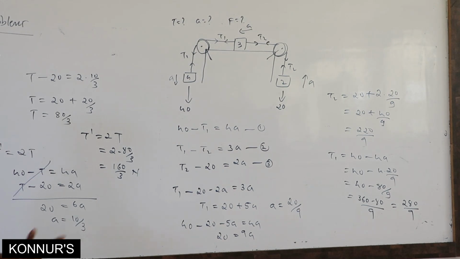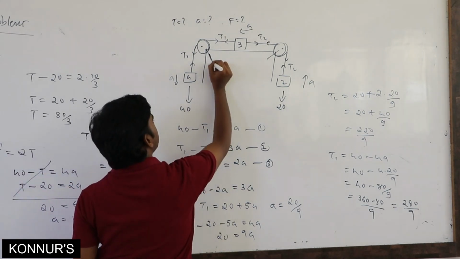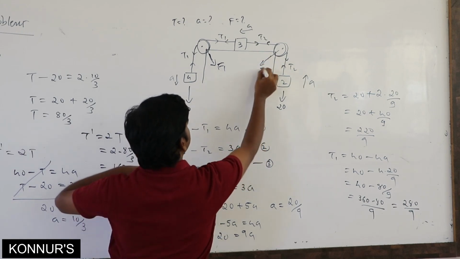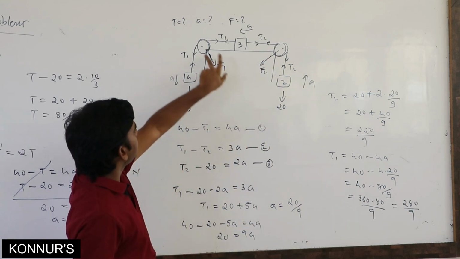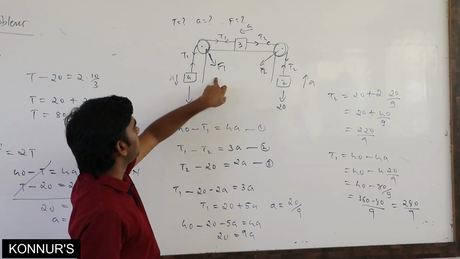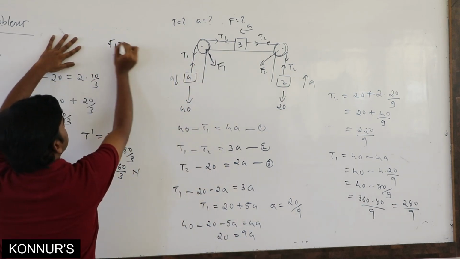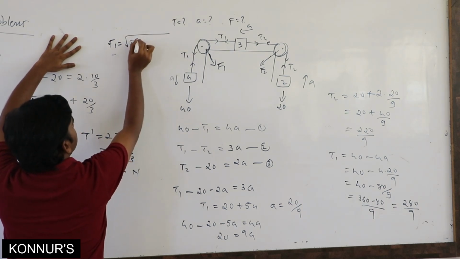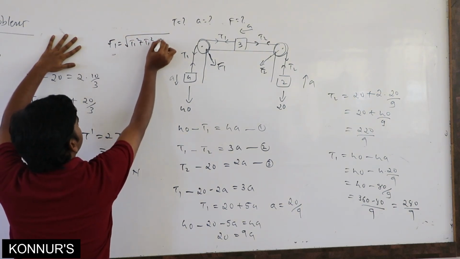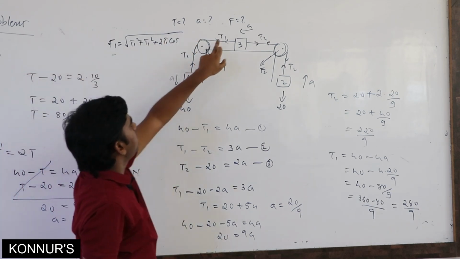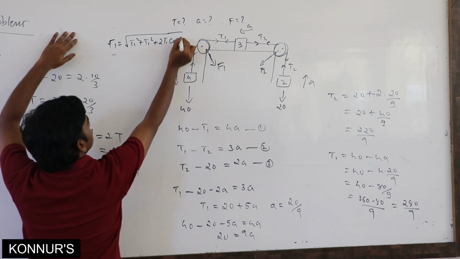Then you may wonder how to find the force exerted here. What is F1, or what is F2? They are nothing but the resultant of T1 and T2. So F1 you can write as the square root of T1 squared plus T1 squared plus 2 T1 T1 cos theta. What is the angle between the T1s here? 90.